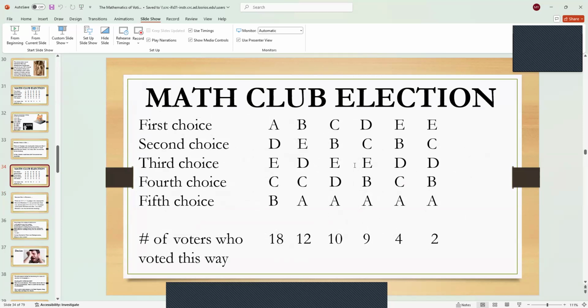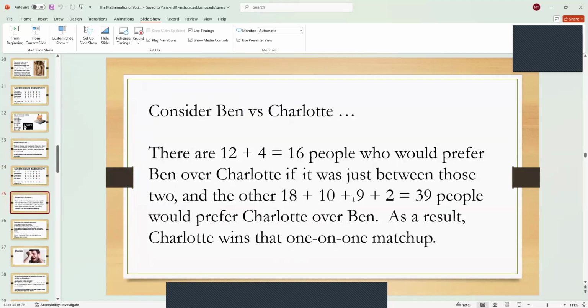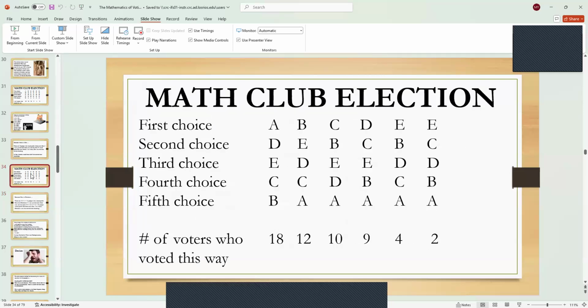These 9 in the next column have Charlotte higher than Ben. And the 2 in the far right column have Charlotte higher than Ben. So if you add those up, 18 plus 10 plus 9 plus 2, that's 39. Charlotte beats Ben 39 to 16 in that one-on-one matchup.